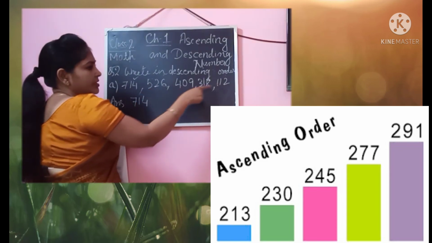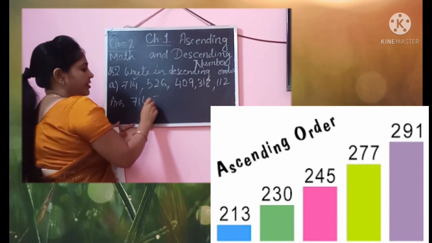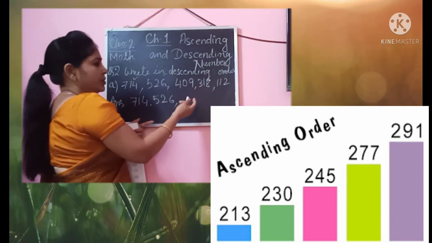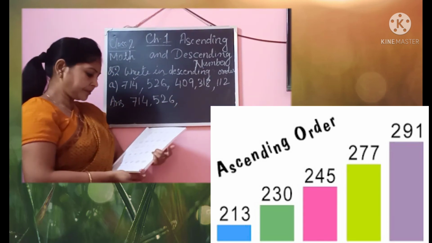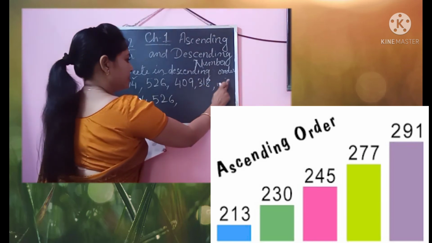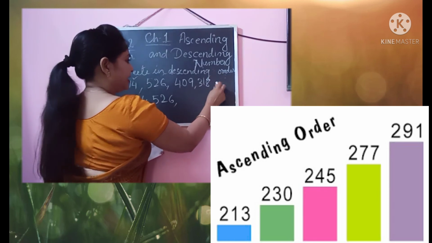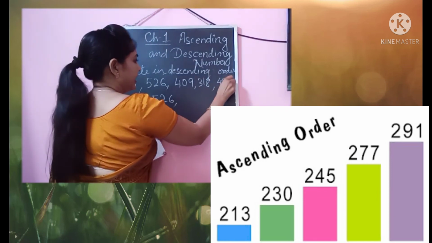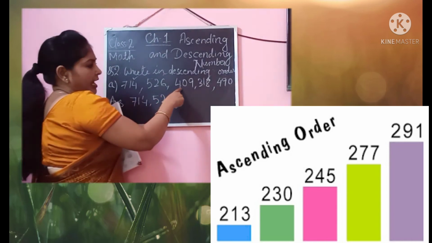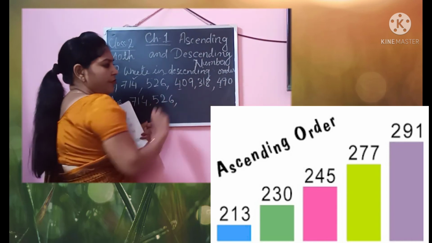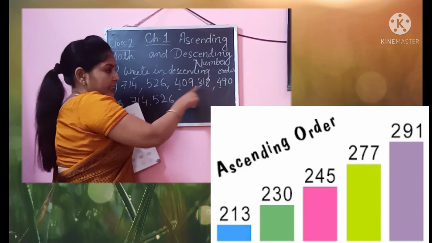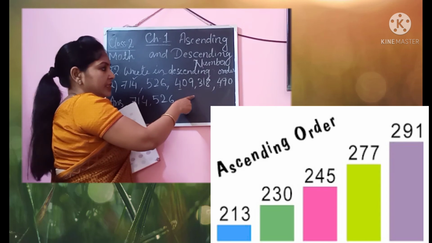Then, out of the rest, which is the next? 526. Okay. Next, which is the next number? 318, and this was 490. 490. Okay, 500 after 526. Now we have two numbers with 4 in the hundreds place. If we have the same number in the hundreds place, then what do we do?